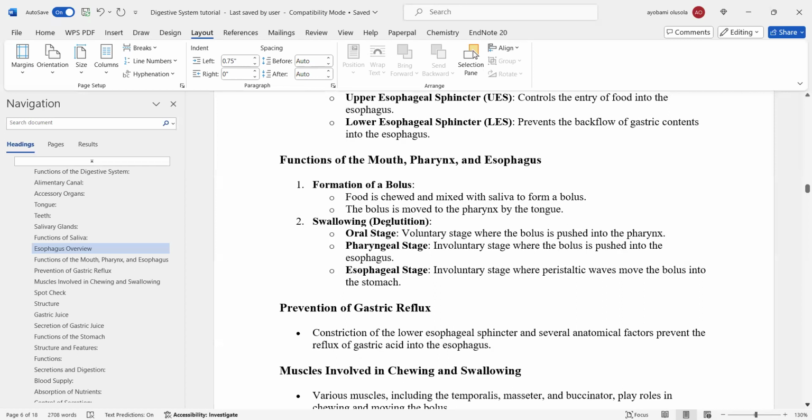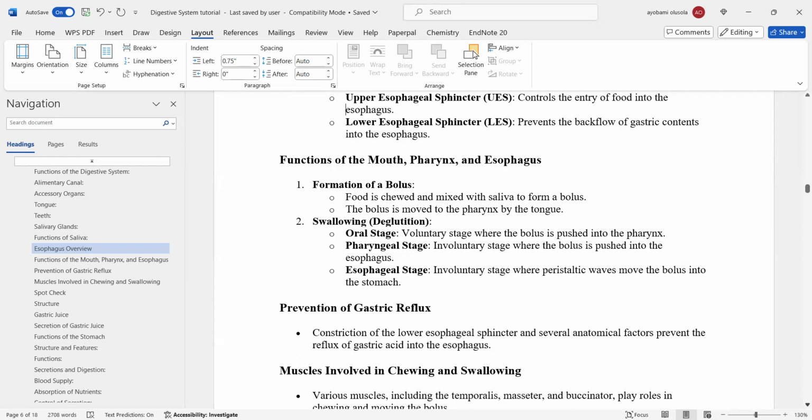Now, swallowing. Swallowing is also referred to as deglutition. There are three stages of swallowing: the oral stage, pharyngeal stage, and the esophageal stage. The oral stage is the voluntary stage where the bolus is pushed into the pharynx.